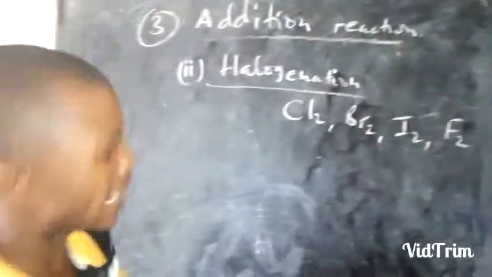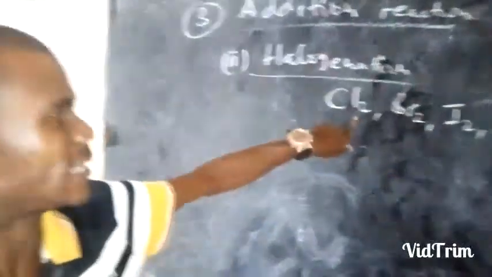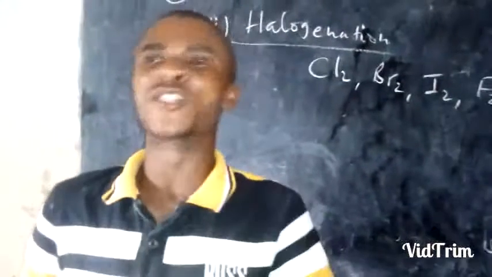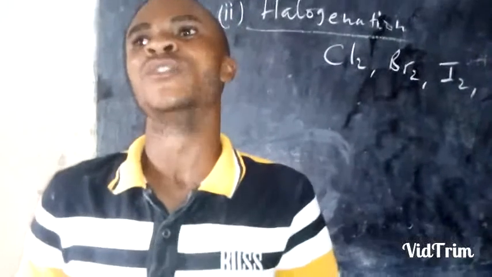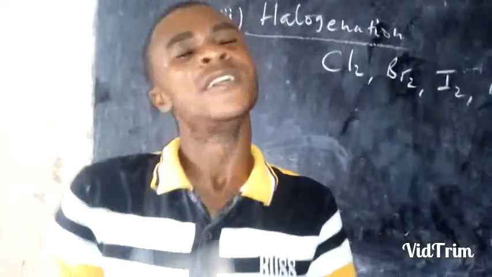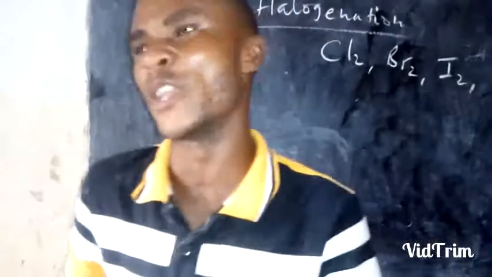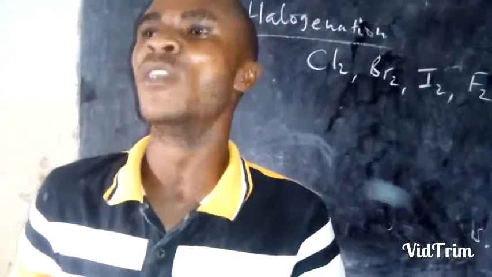Now, anytime you add any one of these halogens to unsaturated compound, that reaction is halogenation reaction. If it is hydrogen that you add, you call that hydrogenation reaction. But we are adding halogen, so we call the reaction halogenation reaction.